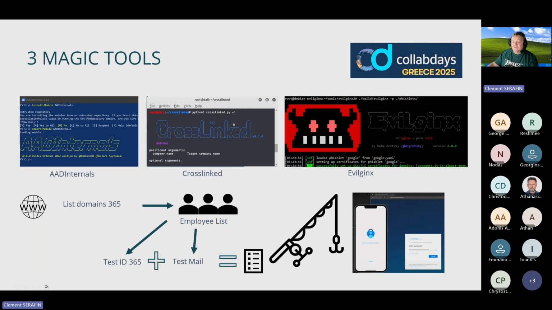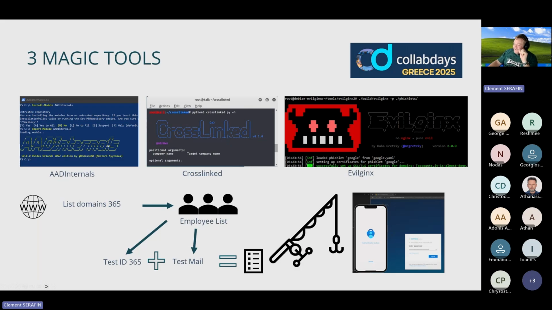As well, you have another tool called CrossLinked. CrossLinked works with LinkedIn. We are really happy to have a LinkedIn with all our experience and the name of the company we are working for. With CrossLinked, you search for one company name and it will give you the list of LinkedIn profiles for all those people.